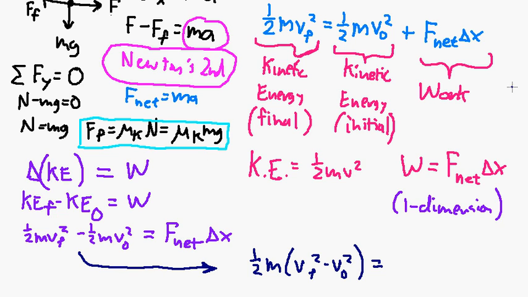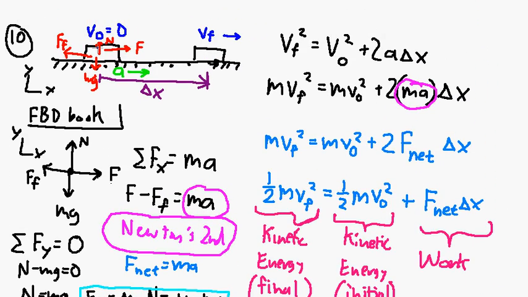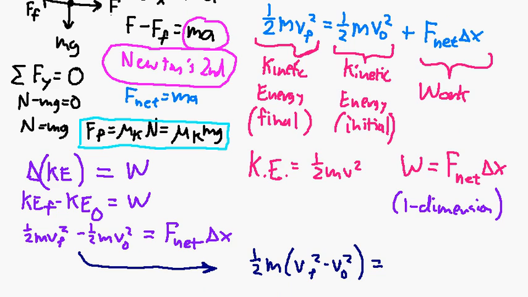Remember what we were talking about before I started talking about energy: we had this book being pushed by a broom to the right with a friction force to the left pushing back. So that's what our F net is, F minus F_f, times delta x.